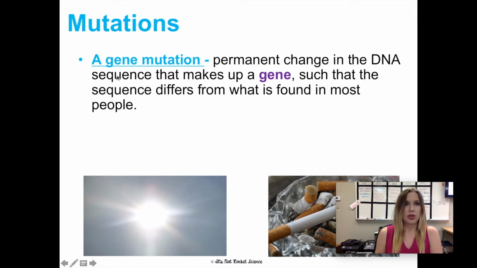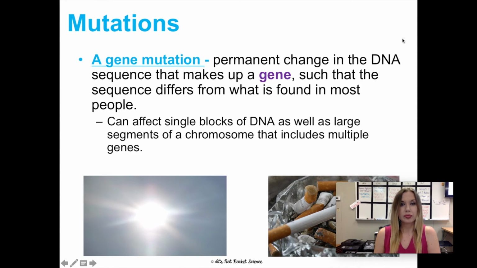Those make up our genes. Remember, that's hair color, stuff about you, everything under the sun. And the sequence differs from what is found in most people. In most, quote unquote, normal or typical cells, our genome has very specific sequences that tend to be very similar across individuals. A mutation is something that is specifically not normal and is abnormal to the norm.